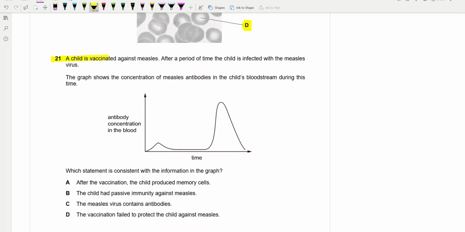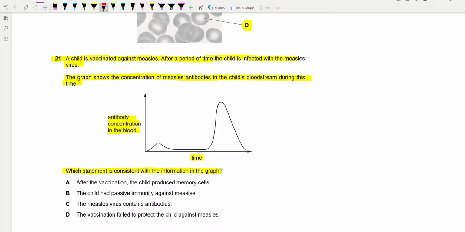Question number 21. A child is vaccinated against measles. After a period of time, the child is infected with the measles virus. The graph shows the concentration of measles antibodies in the child's bloodstream during this time, with antibody concentration in blood on the y-axis and time on the x-axis. Which statement is consistent with the information in the graph?